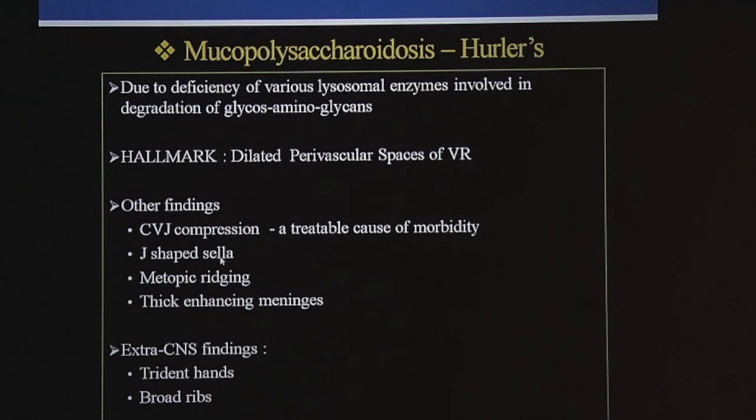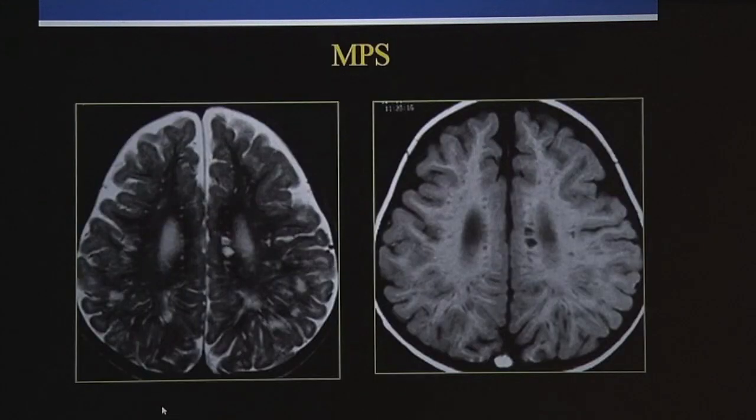You'll get J-shaped sella, metopic ridging of sutures, thick enhancing meninges because of deposition of mucopolysaccharides in the meninges, and you'll get trident hand and what is called canoe paddle ribs.